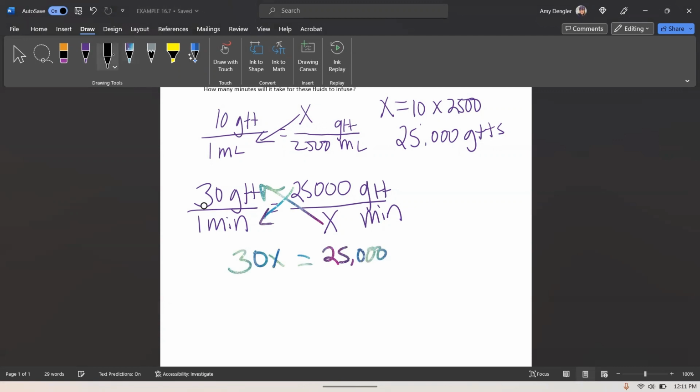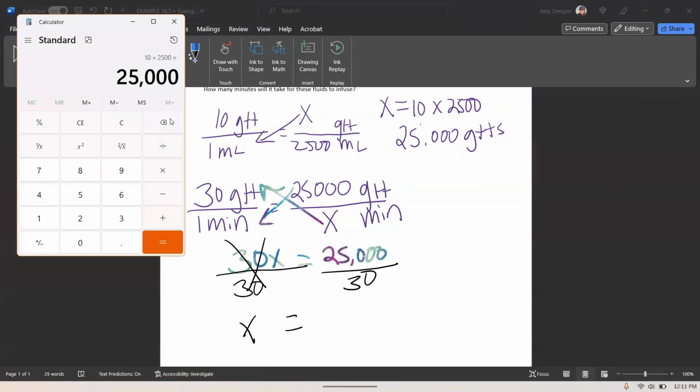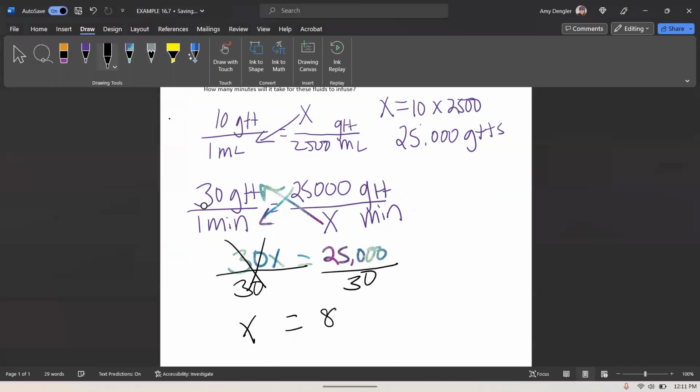I want to get x alone, so I'm going to divide each side by 30. It gives me 833.333 repeating, which we would just round down to 833 minutes.